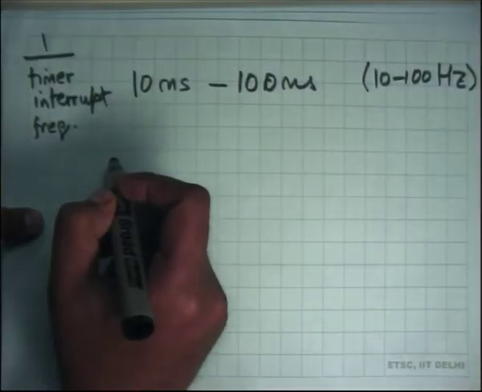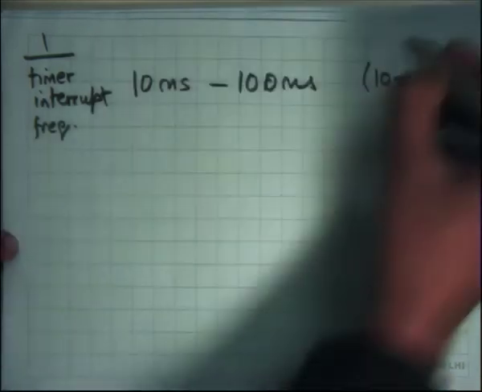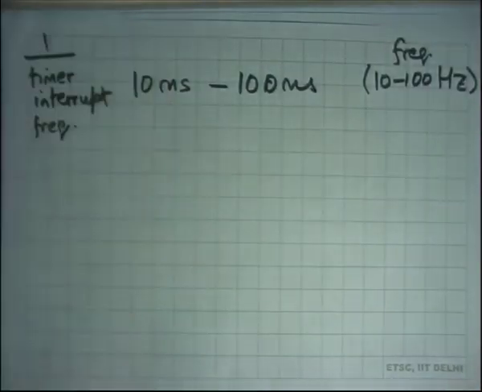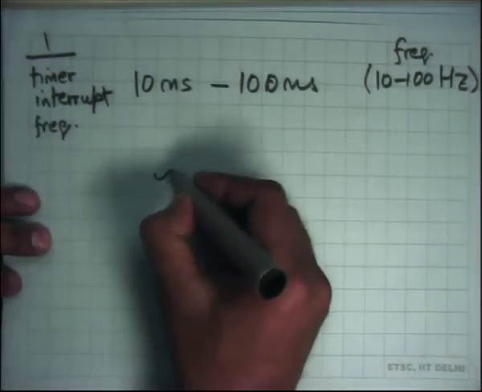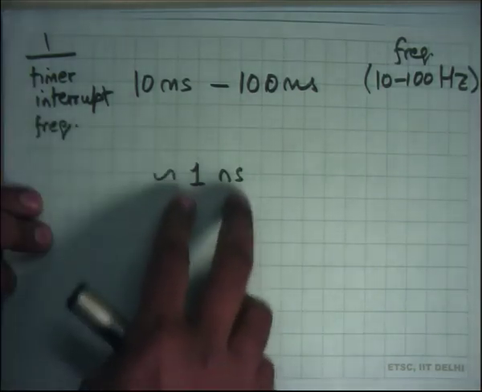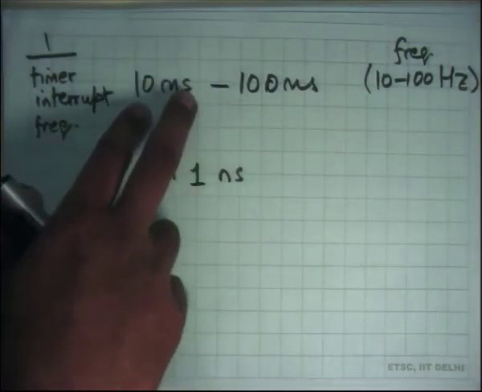All right, and this frequency, how long does it take to execute one instruction on a modern processor? Let's say 2 point some gigahertz, so it's roughly on the order of 1 nanosecond. So how many instructions can execute in one timer slot?